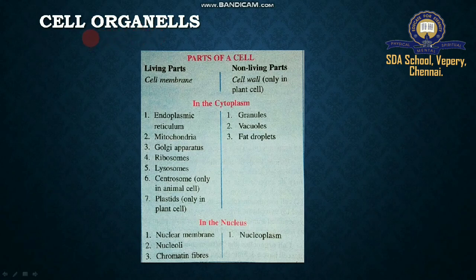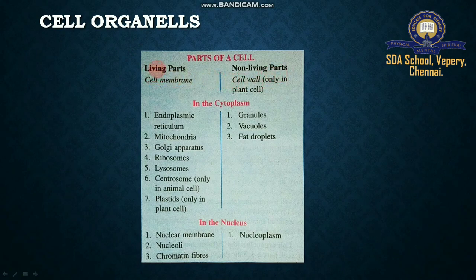A cell is the structural and functional unit of living organisms, and it is either one-celled or many-celled. Every cell consists of a lot of organelles. These organelles are of two kinds: living organelles and non-living organelles.